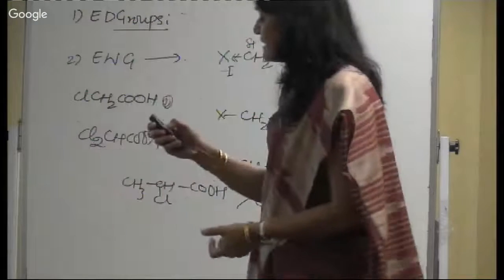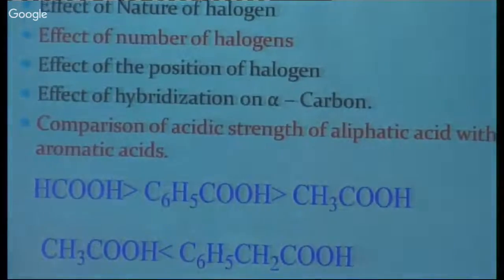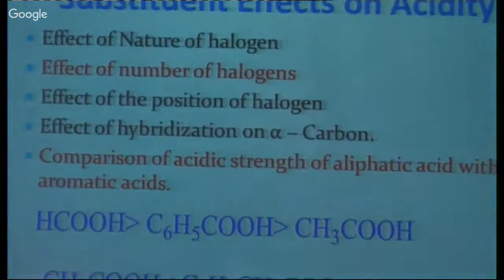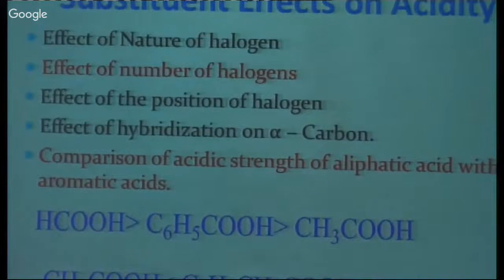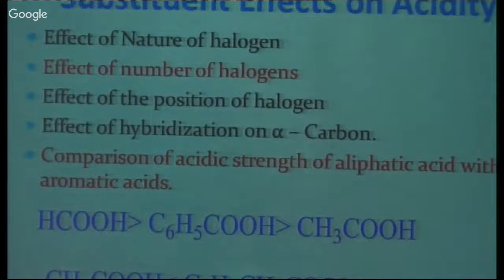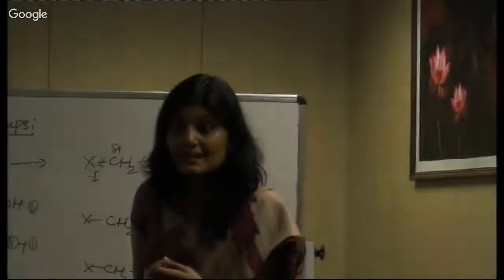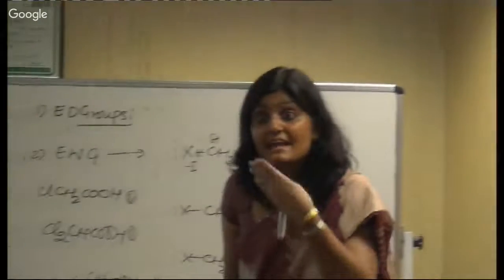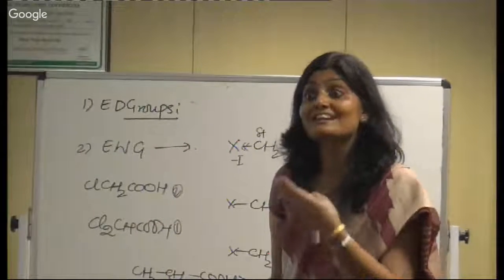The next is the effect of hybridization. If the alpha carbon attached to the carboxylic group is sp3 hybridized, and you change it to an sp2 hybridized carbon, the percentage S character is increasing in an sp2 hybridized carbon. So an sp2 hybridized carbon is more electronegative as compared to an sp3 hybridized carbon. So as the S character on the alpha carbon increases, the acidic character will go on increasing.